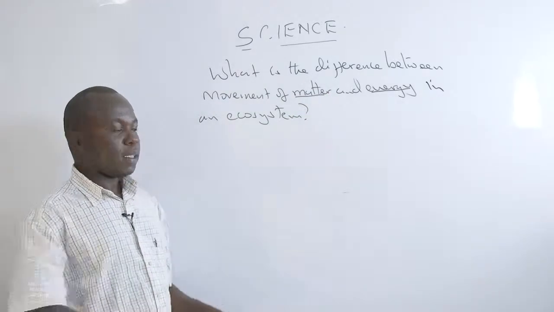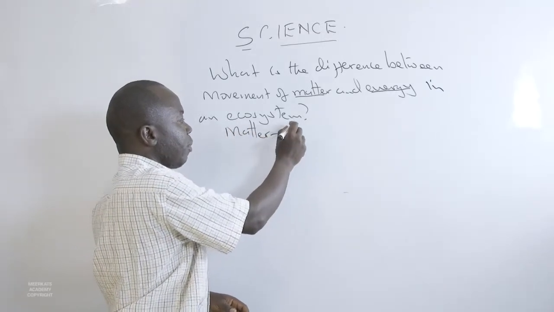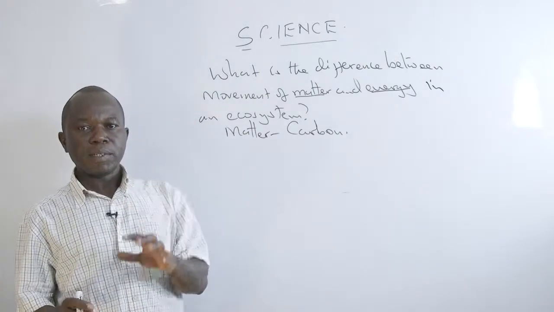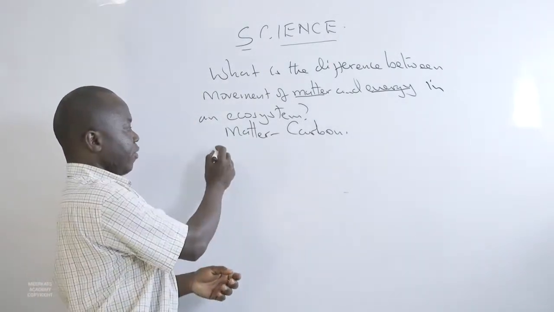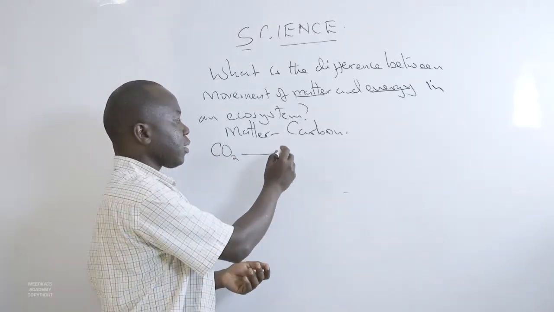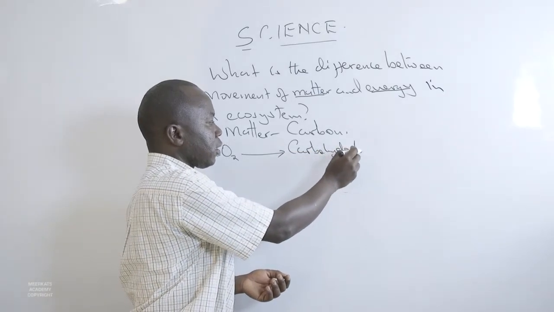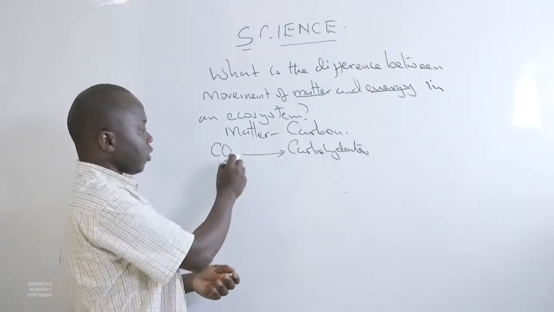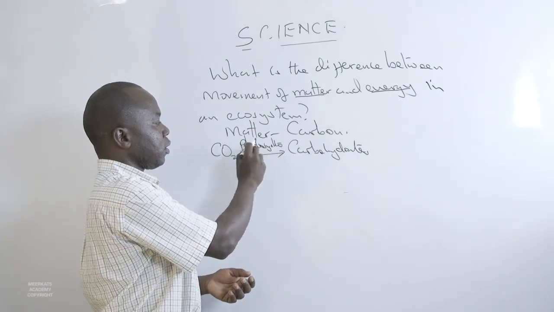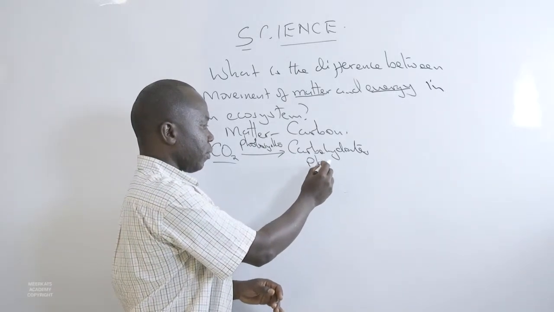For matter, a good example could be carbon. Carbon is converted from low energy carbon dioxide to high energy carbohydrates in the process of photosynthesis. This is low energy, this is high energy. It will be in plants now.